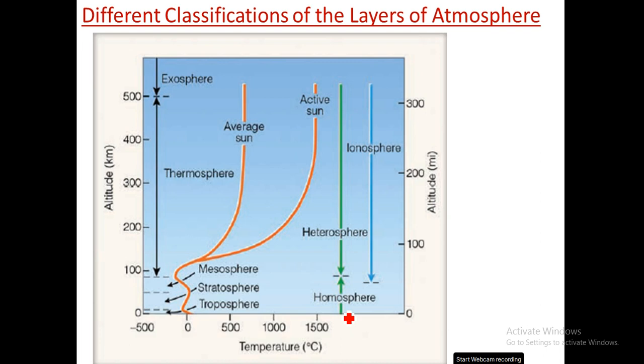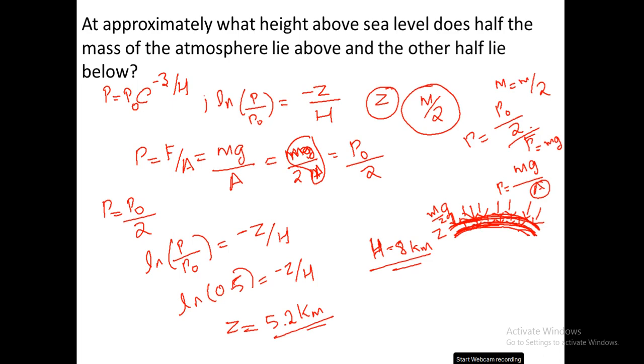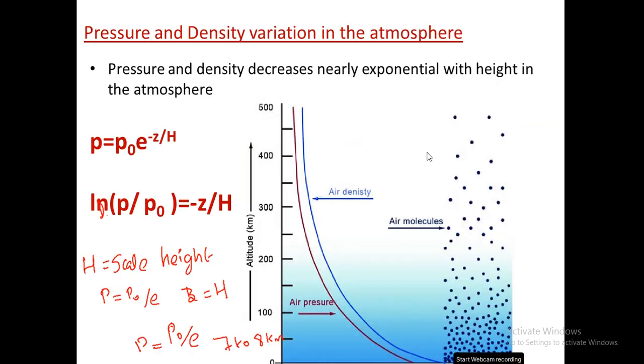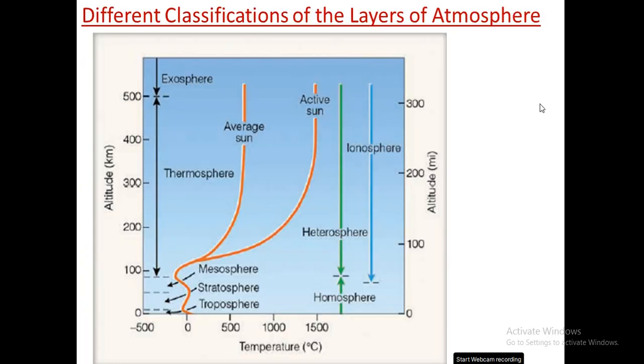In the heterosphere, the atmosphere is very rare, as I was saying. The number of molecules present in the heterosphere is very small. As we go up, the number of molecules present in the atmosphere is very low. So there won't be much collision between the molecules, and it will be almost static in the heterosphere.